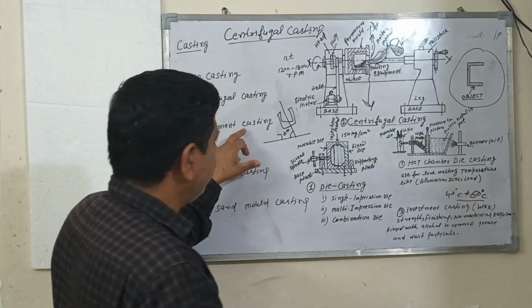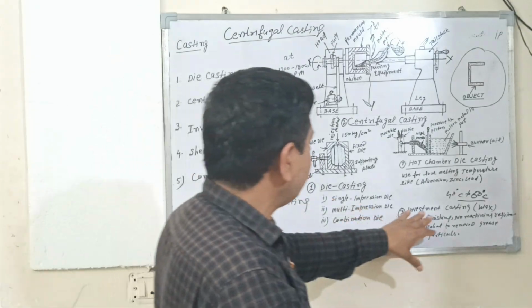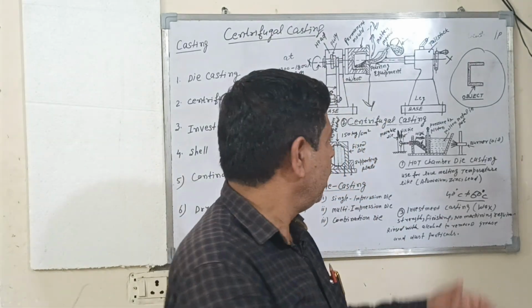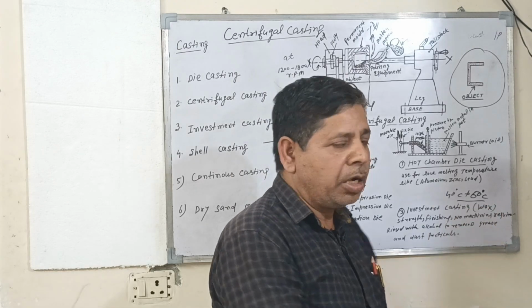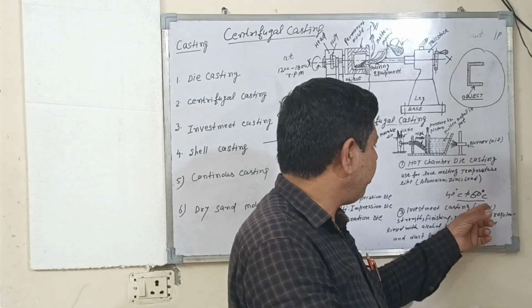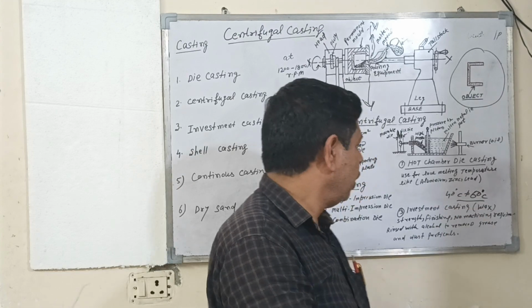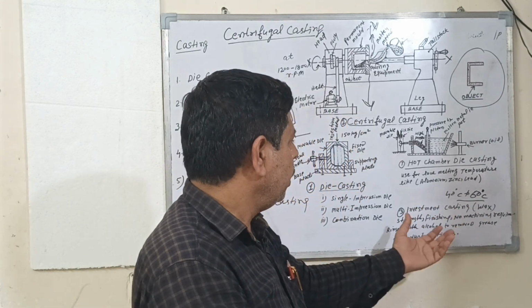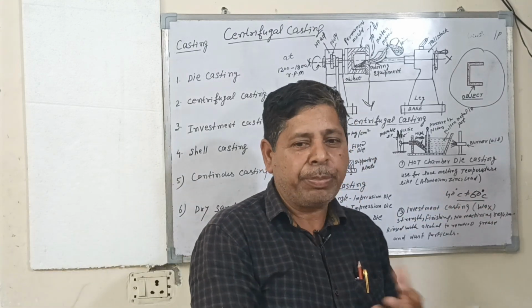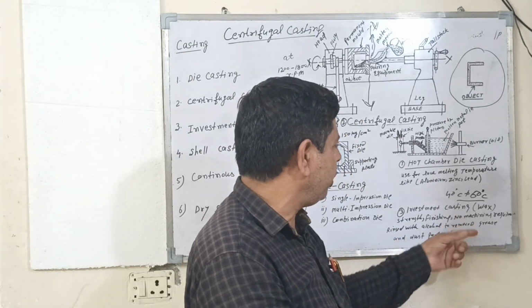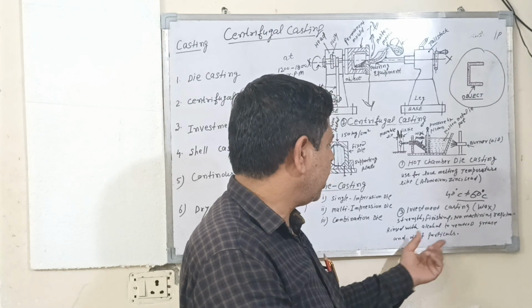Third number, investment casting. So investment casting means first you make the master piece to make the pattern. Wax is used at 40 to 60 degrees Celsius to make the pattern. Before using the wax pattern, first you rinse with alcohol to remove foreign material like grease and dust particles.